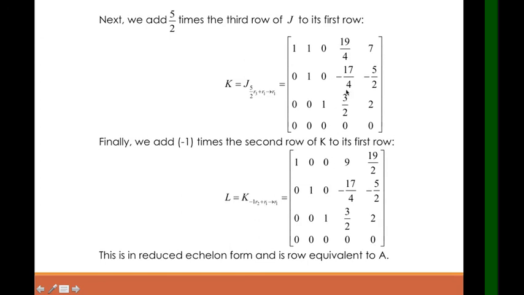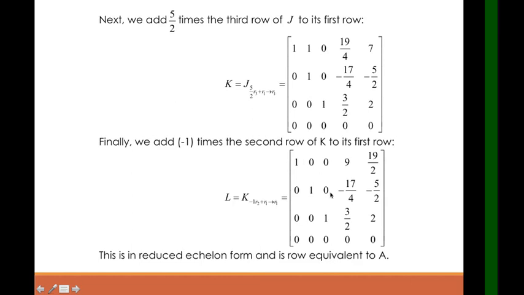Negative 1 times negative 17 over 4 is 17 over 4 plus 19 over 4, which is 36 over 4, and that is equal to 9. And finally, negative 1 times negative 5 over 2 is 5 over 2 plus 7, and that is equal to 19 over 2. So, in this portion, it became 0.